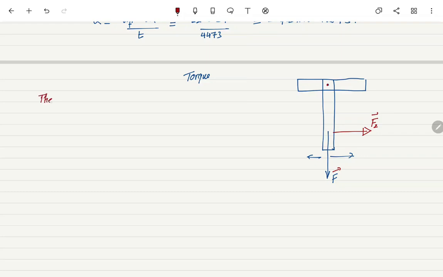The perpendicular force will cause rotation. Now a torque represents the ability of a force to rotate an object about an axis of rotation, the pivot here. The torque tau is defined as r cross F. Now let's consider this case here.